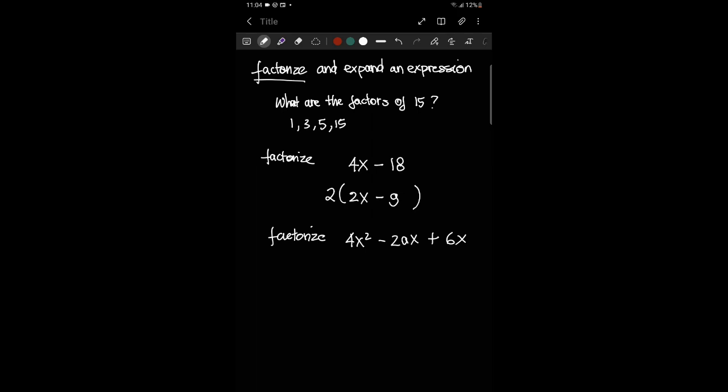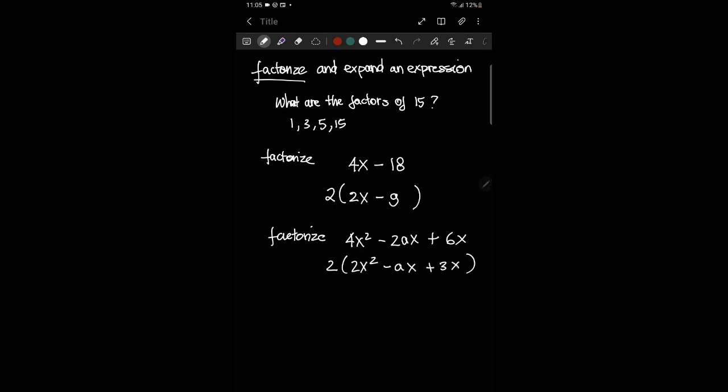4, 2, and 6, all of them are even numbers. So basically, they can be divided by 2, right? So I can take the 2 out from each term in this expression. So I will put the 2 out like this. And then I will take out the 2 from each term.